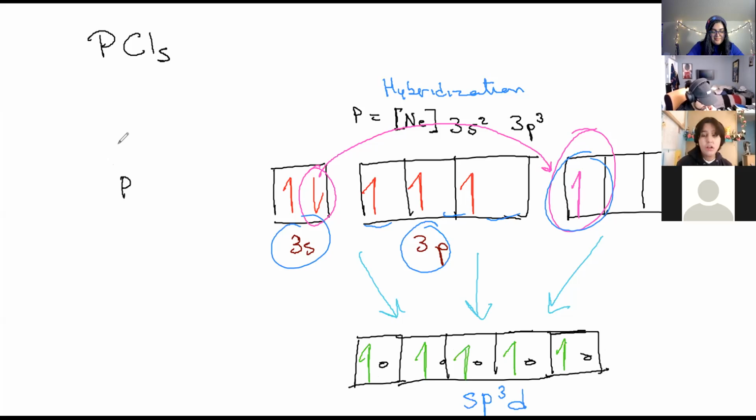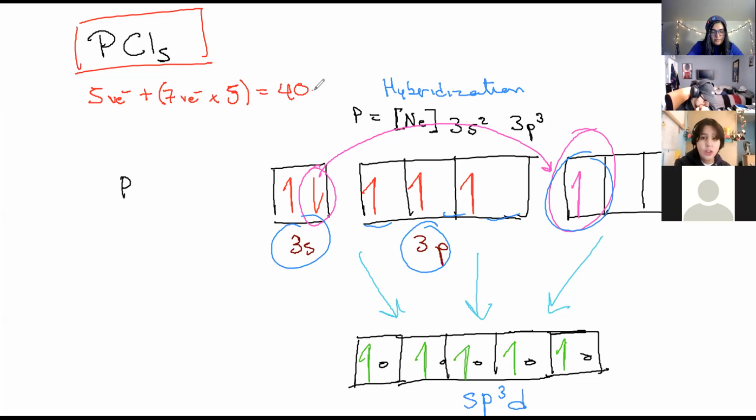How many valence electrons do we have for PCl5? 5 for phosphorus, and 7 for each chlorine, times 5. So 40 valence electrons. That's a whopping amount of valence electrons.